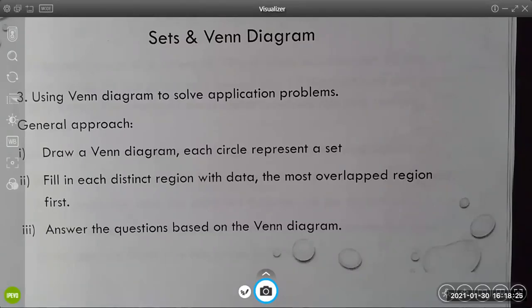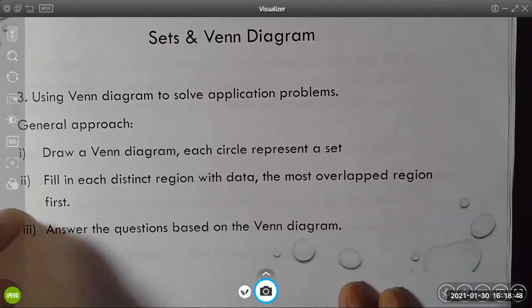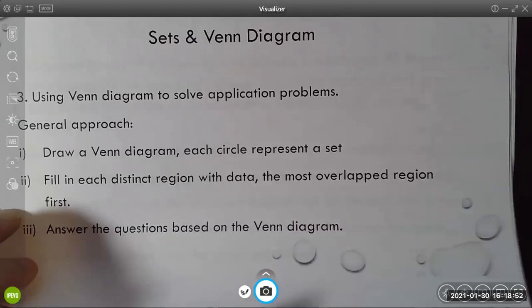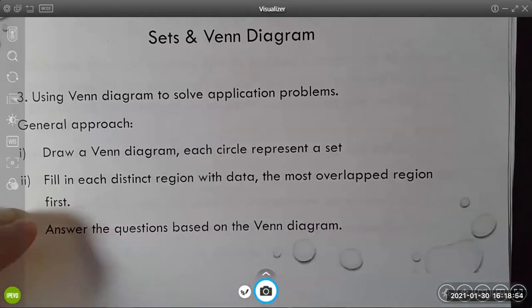The reason is your diagram is a complete representation of the description of your problem. That means anything reasonable that can be asked will be part of your Venn diagram, so you can answer any questions. So let's demonstrate this whole process using a Venn diagram to solve an application problem.